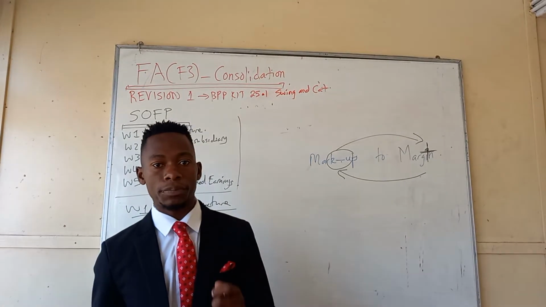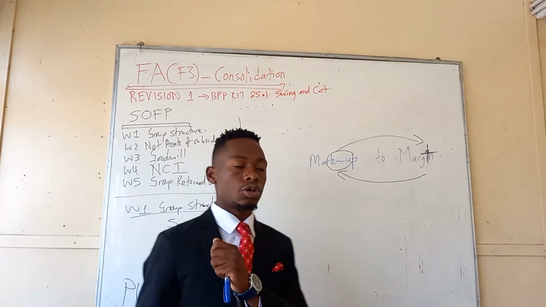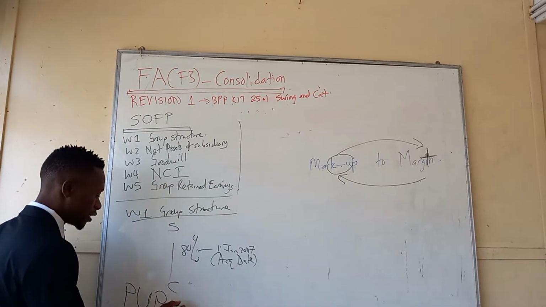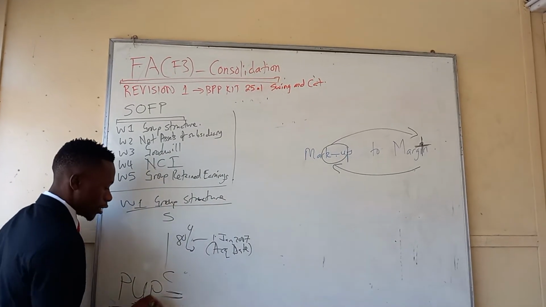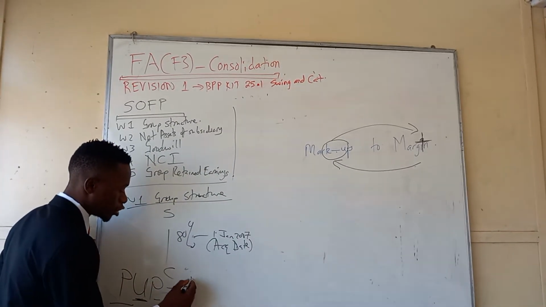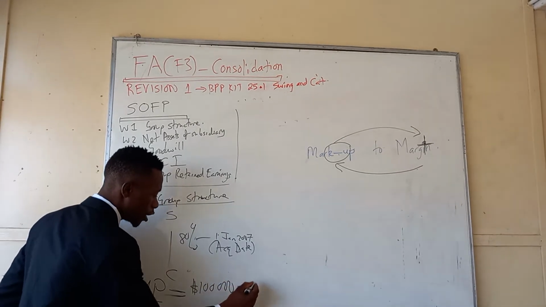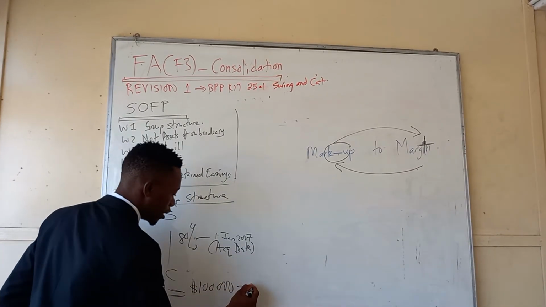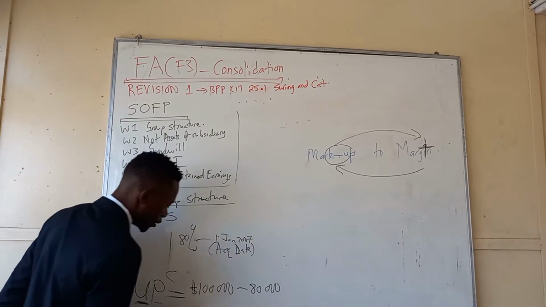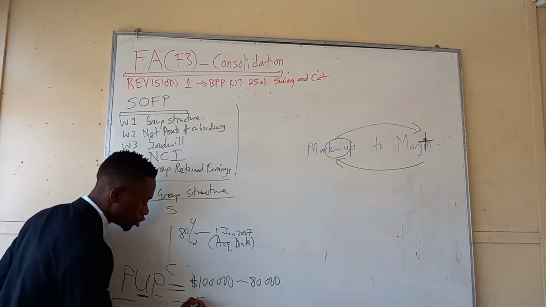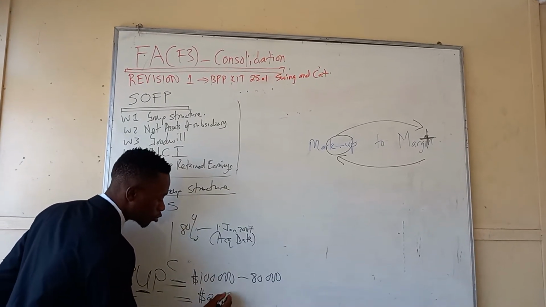So I need to know the profit that was made by the one who sold the goods. They are telling us that Swing sold goods at an invoice of 100,000. They have a cost of 80,000. This shows that the one who sold the goods made a profit of 20,000.